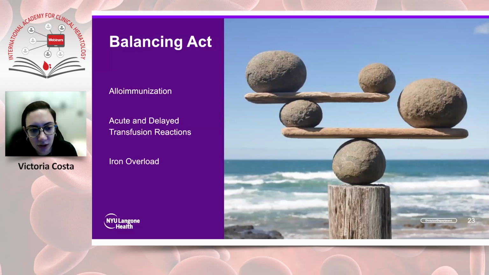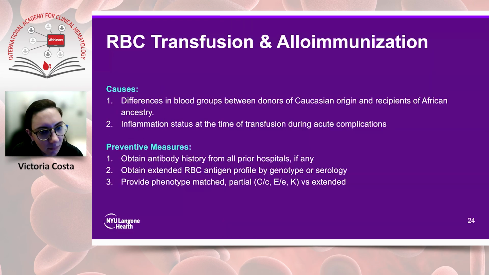So with transfusion, there are benefits, but there are certainly risks, as I mentioned: alloimmunization, acute and delayed transfusion reactions, and iron overload. Particularly regarding alloimmunization, many patients will be frequently transfused throughout their life, exposing them to red blood cell antigens and putting them at risk of actual development of red blood cell antibodies.